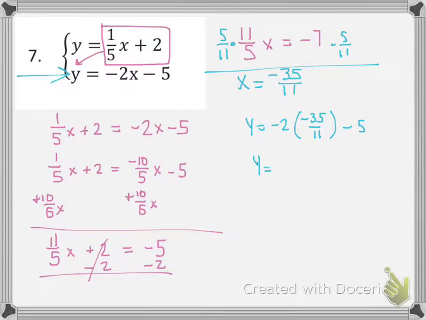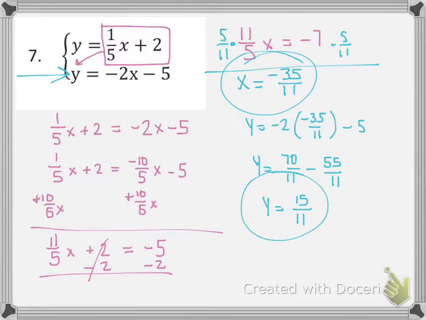And that gives me -2 times -35 is 70/11 minus, I would like my 5s to be 11s, so that's minus 55/11, which is the same as -5. And when I subtract, I get y equals 15/11. So we have an x value and a y value. The solution to this system is x value -35/11, y value 15/11. And there you go.